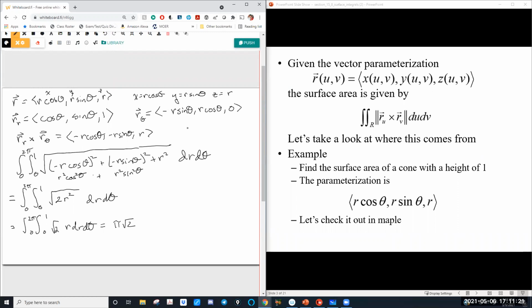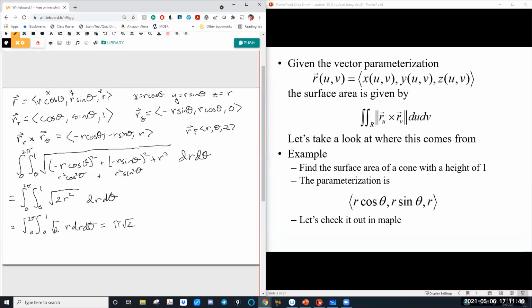Versus if our parameterization had been in cylindrical, our position vector would have gone r comma theta comma z. And so actually, this would have been pretty much our parameterization. It would have been a little bit different.